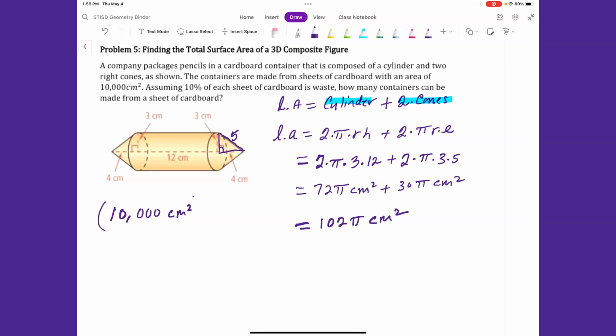So let's figure that out. 10% of 10,000 is 1,000. So you have 9,000 centimeters squared to work with to make the cardboard figure. That's the total area of the cardboard.